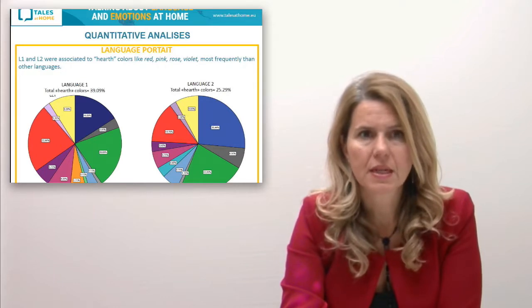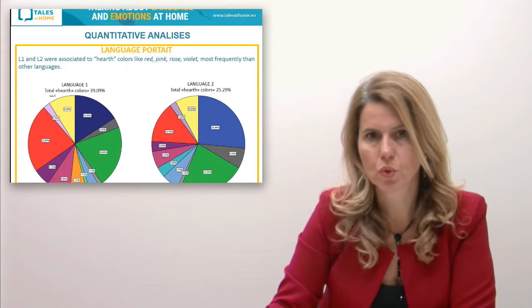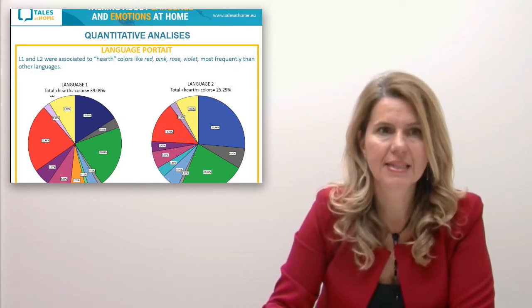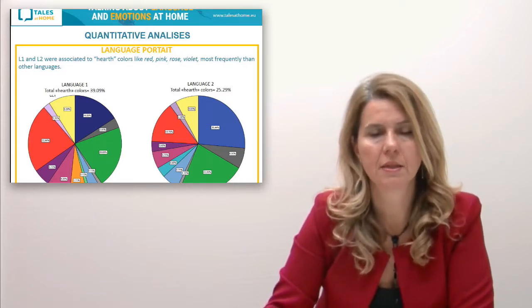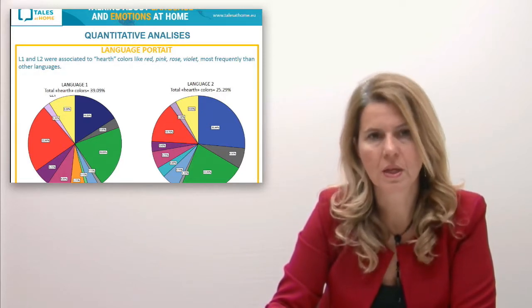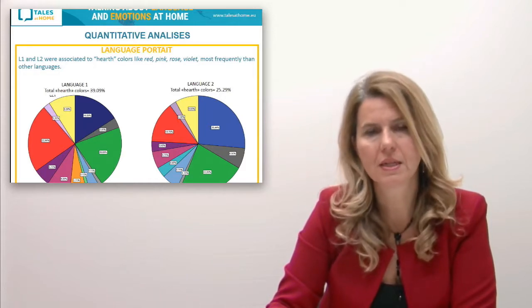Another interesting result referring to the language portrait is the colors that people choose for language 1 and 2, because in this case we saw that language 1 and 2 were associated more frequently with what we call the heart colors. I mean colors like red, pink, rose, violet.